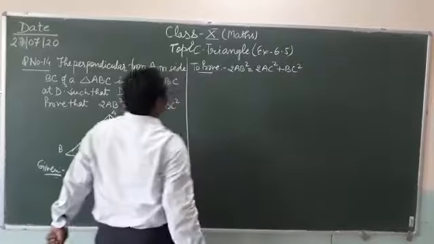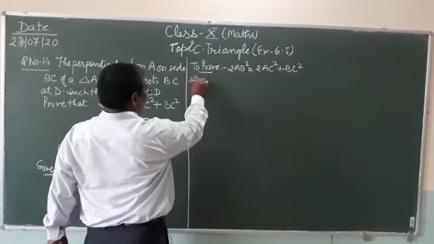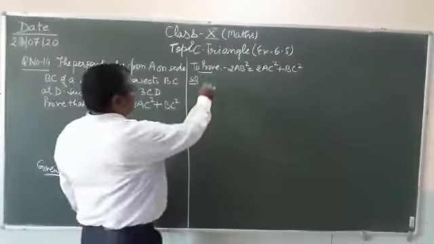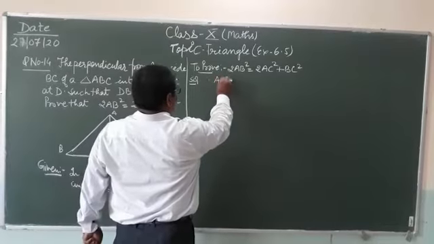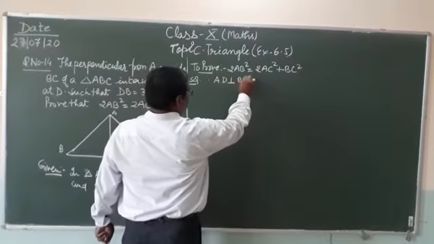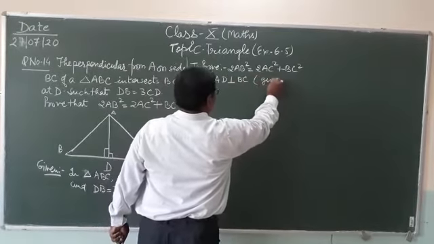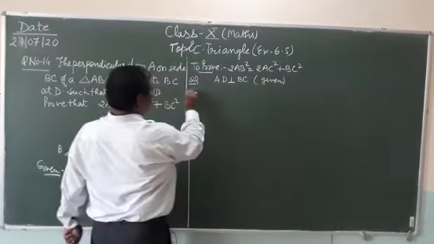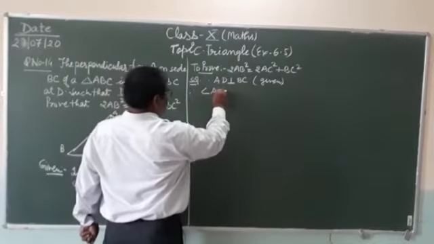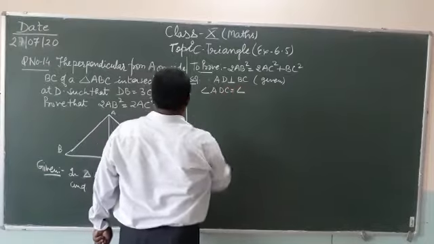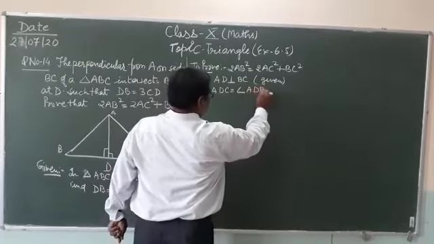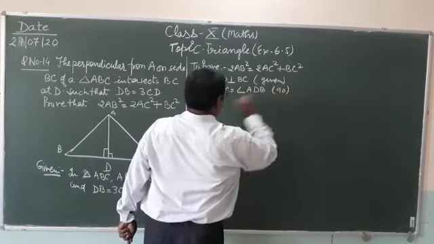Now the solution. Since AD is perpendicular on BC, that is the given, therefore angle ADC is equal to angle ADB, both are 90 degrees.